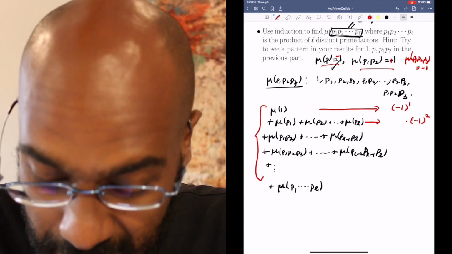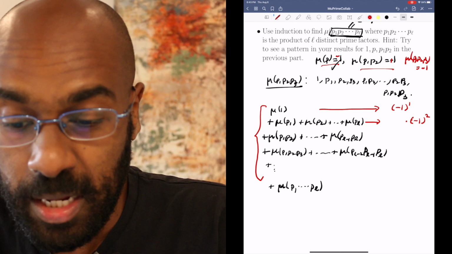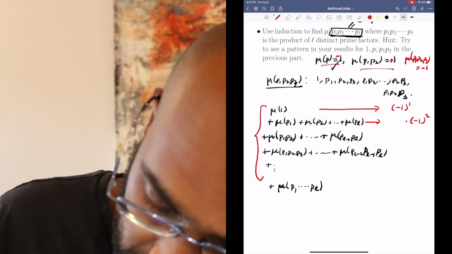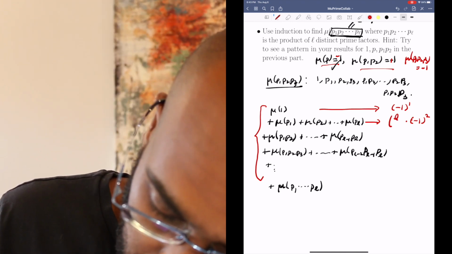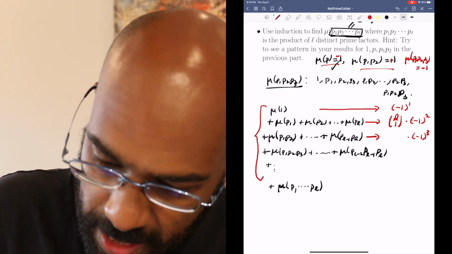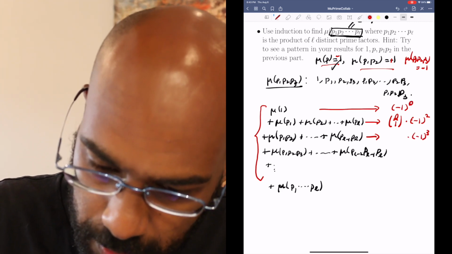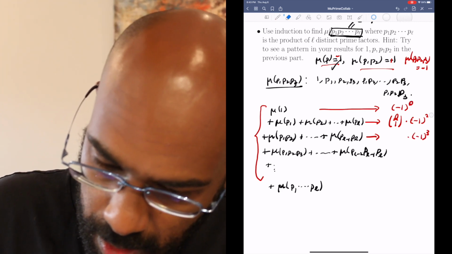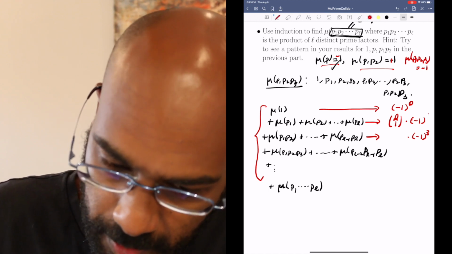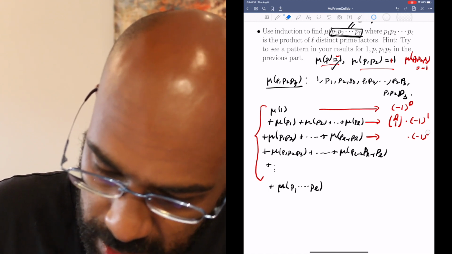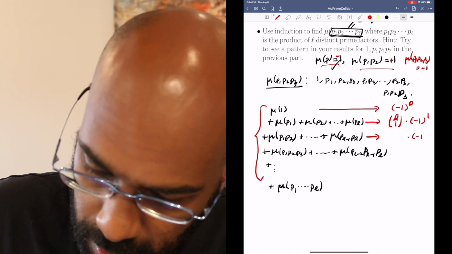And the reason to think about that is we're selecting in each case one of the L primes in our summand. And that'll help us when we think about what happens in the next step. Okay, so to fix this, this should be a 0. This should be a 1. And this should be a 2, actually, in the exponent.